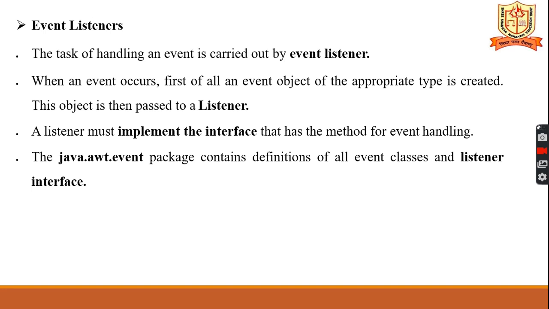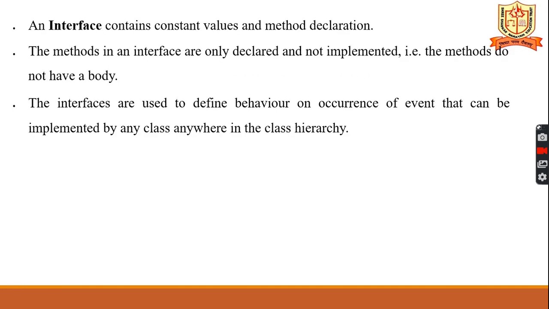To do event handling programming, first of all, you must import the java.awt.event package. This package contains the listener interfaces. So what is an interface? An interface is a kind of class. It contains only constant values and method declarations. The methods in the interface are only declared and not implemented.